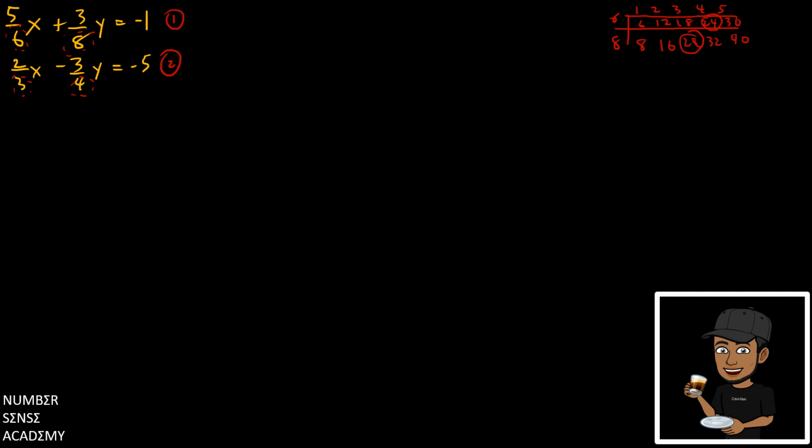Okay, so what I already know is that I'm going to multiply equation 1 by 24. That's what's going to work. I'm going to do the exact same exercise for 3 and 4.